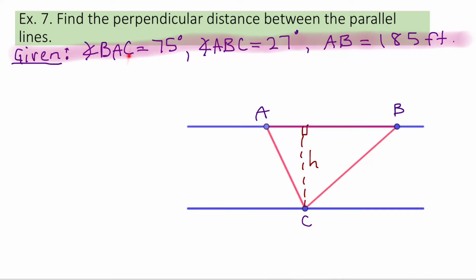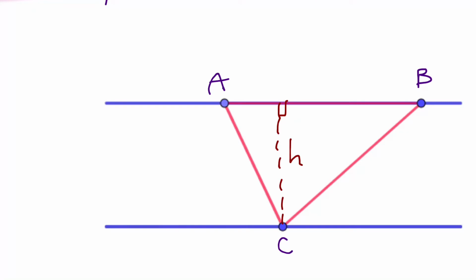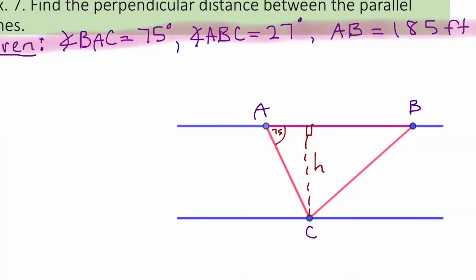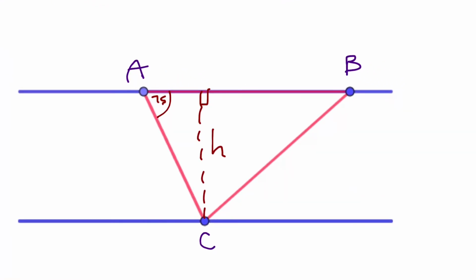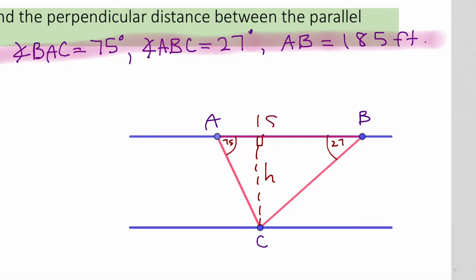Angle BAC is 75, so 75 for this angle. Then ABC, this angle here, is 27. And we're told that AB is 185, so this whole side over here is 185 feet.